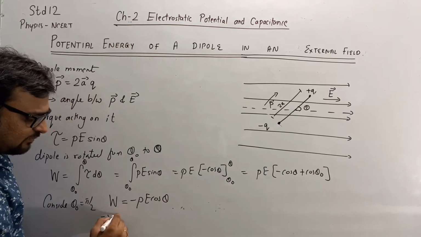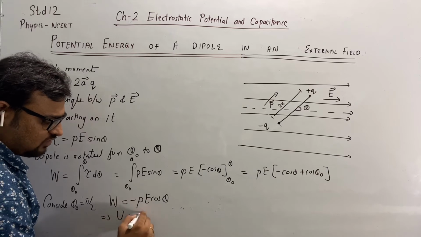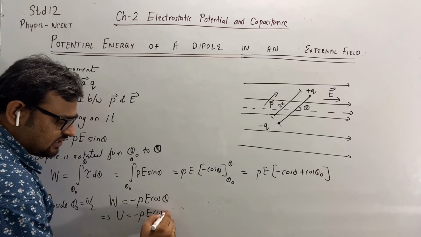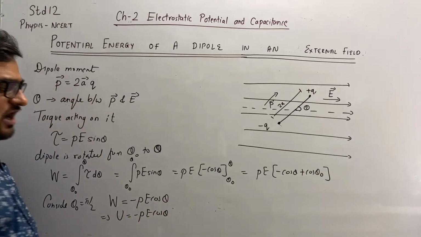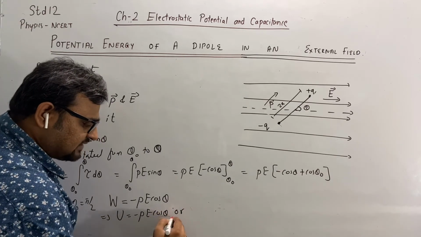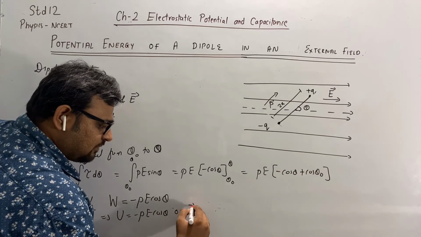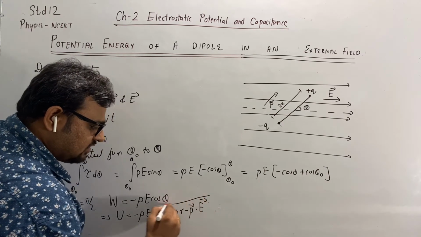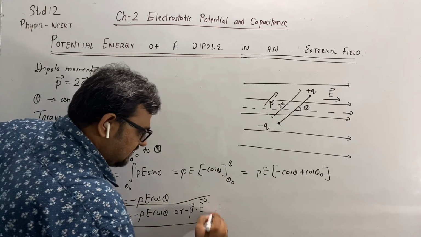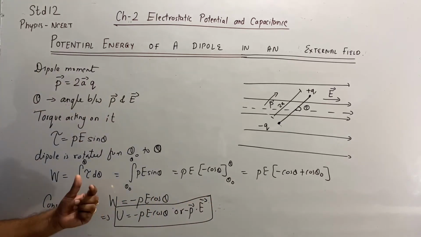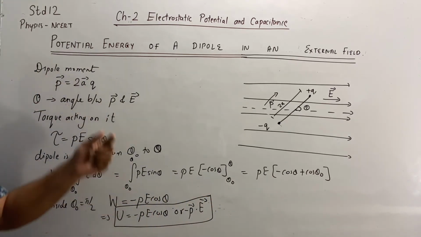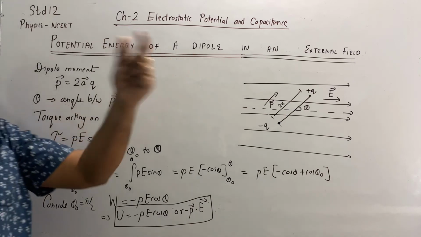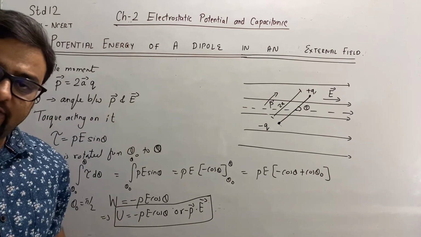That means the work done is stored in the form of potential energy, minus PE cos theta, or in vector form, as it is cos, I will write minus P dot E. Okay, this is the formula for potential energy of a dipole in an external field.